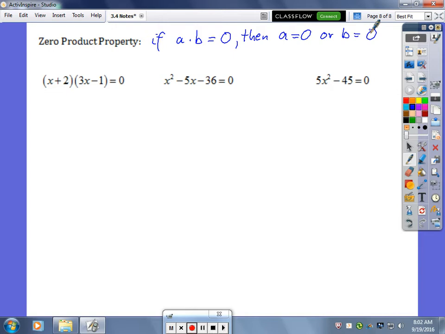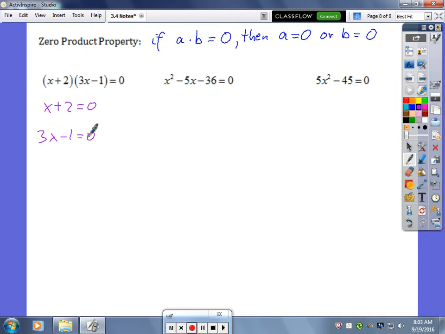And we can use this to find the solutions after we have factored and are looking at the factored form of our trinomial, which is our quadratic equation. If we know that x plus 2 times 3x minus 1 has to be equal to 0, then we know that either x plus 2 is equal to 0 or 3x minus 1 is equal to 0.